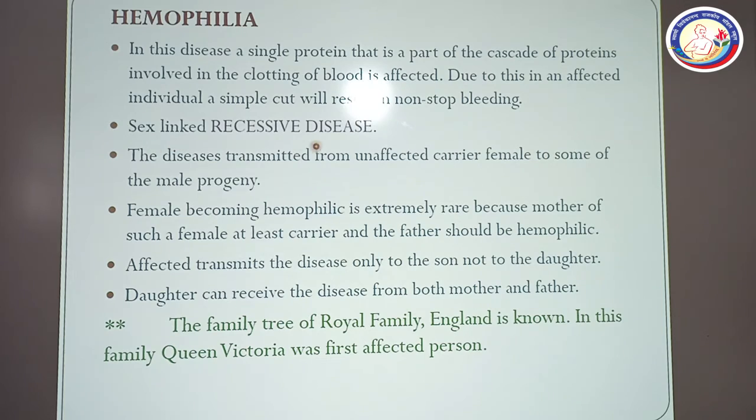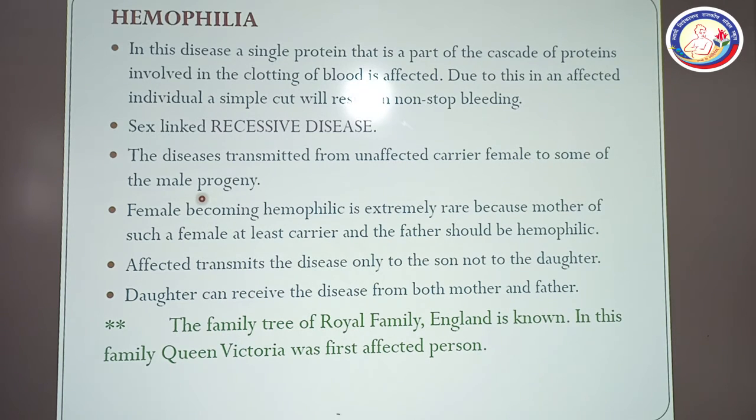It is a sex-linked recessive trait. Have a look here, this is sex-linked. It will depend on the type of sex chromosome. Basically, it is linked to the X chromosome and is a recessive disease. The disease is transmitted from an unaffected carrier female to some of the male progeny.